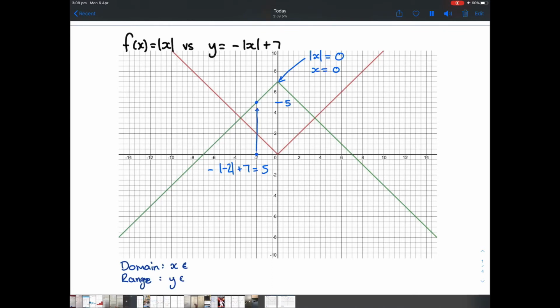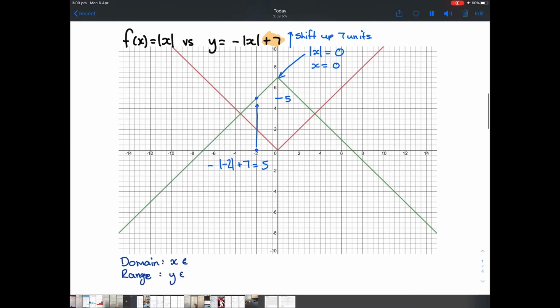So this random plus 7 at the end has caused our entire graph to shift up 7 units. Every single point anywhere on this graph has now moved up 7 units from just our normal negative absolute value graph. So that random constant at the end has the impact of shifting our graph up 7 units.